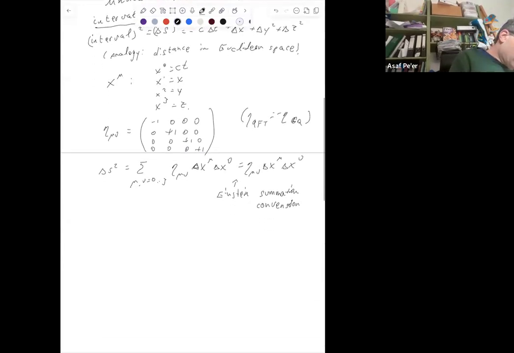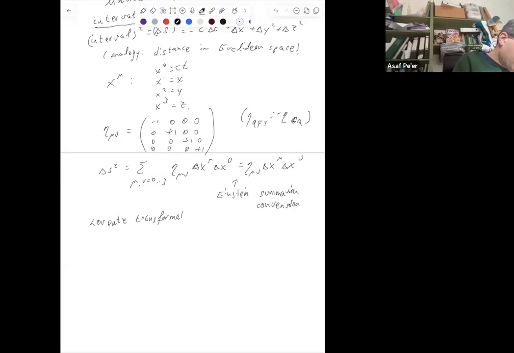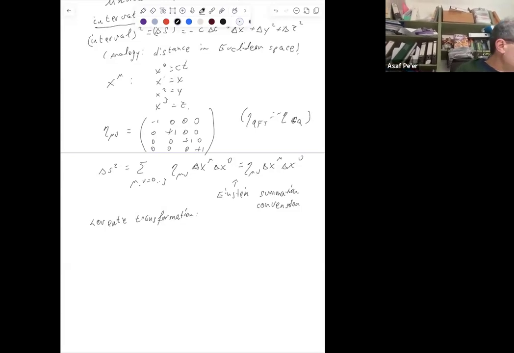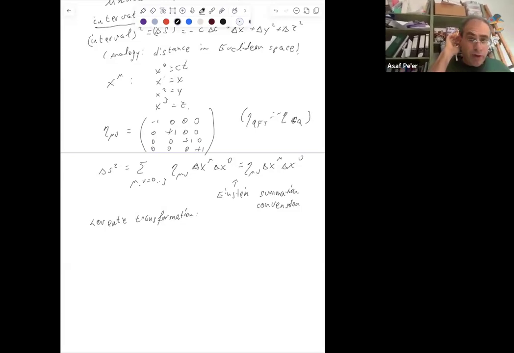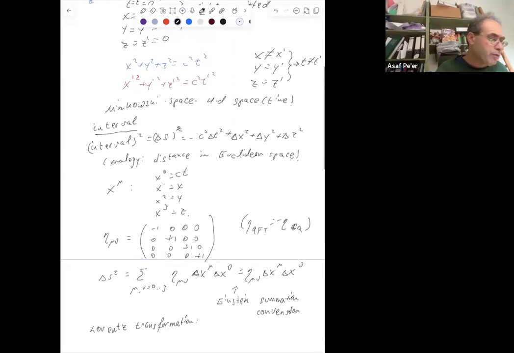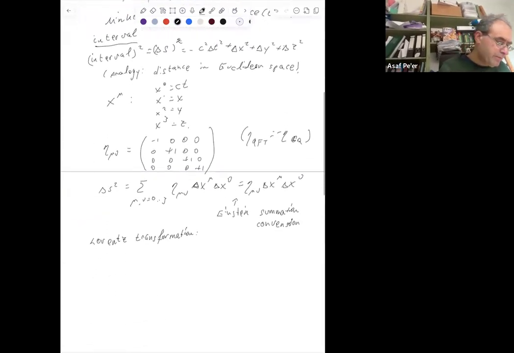Then we defined the Lorentz transformation. This is a transformation from one coordinate system to another, so from the blue to the red or from the red to the blue.